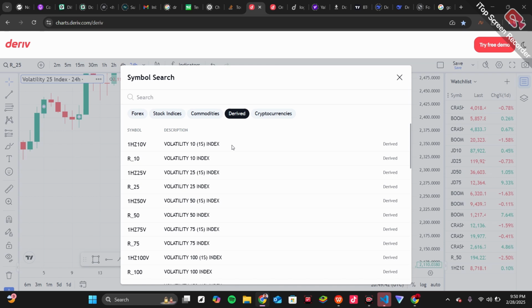What is volume? Volume is the amount of money in a particular pair. So the amount of money in the 1s pair is too much, in the sense that if you use the same lot size in entering both of them, the profit you're going to make is going to be bigger than the profit you're going to make in volatility 10.